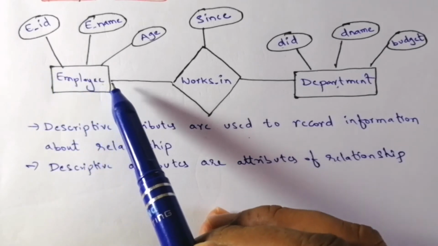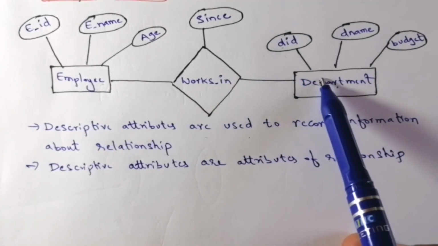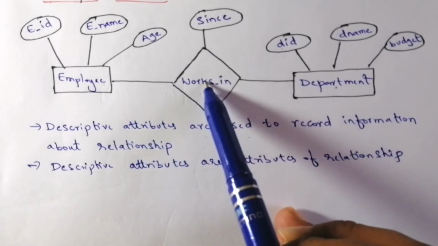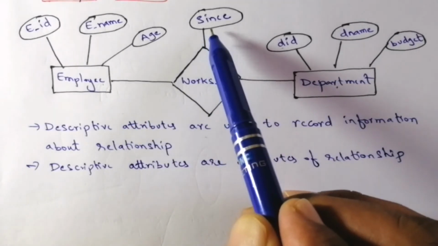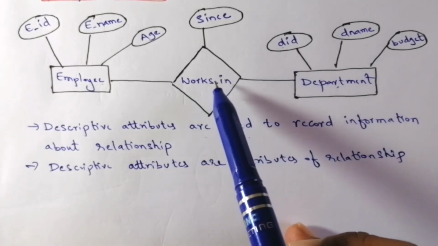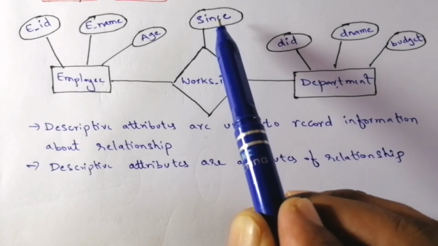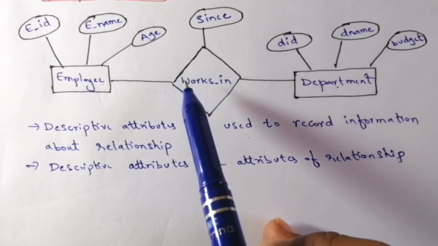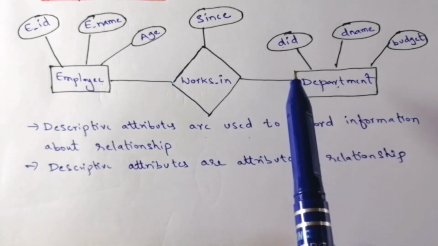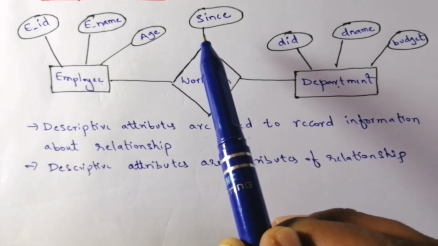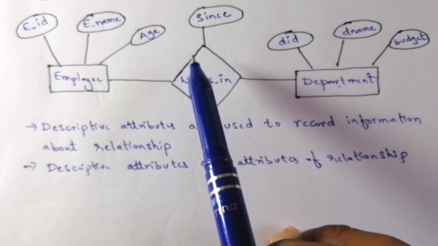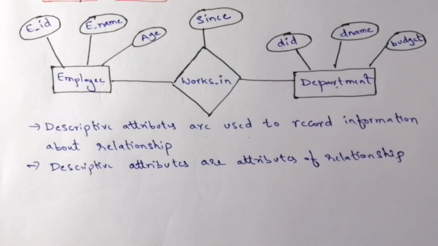Ram works in department 401. There can be one descriptive attribute here: Ram works in department 401 since 1990. So it adds some extra information to a relationship, that is, the employee has been in the department since a particular time. This type of attribute is called a descriptive attribute.